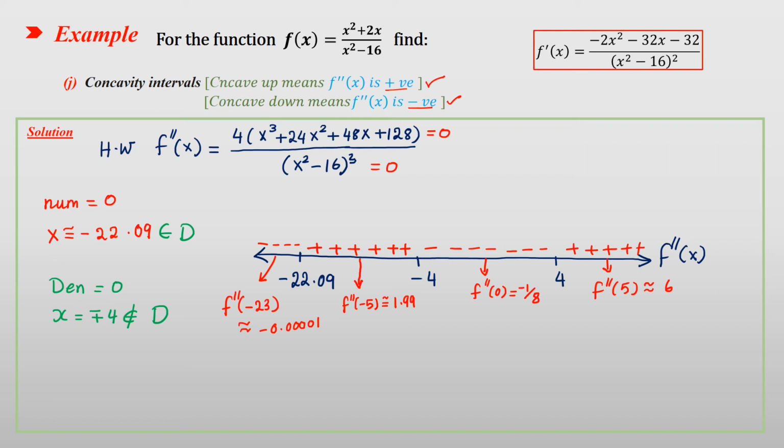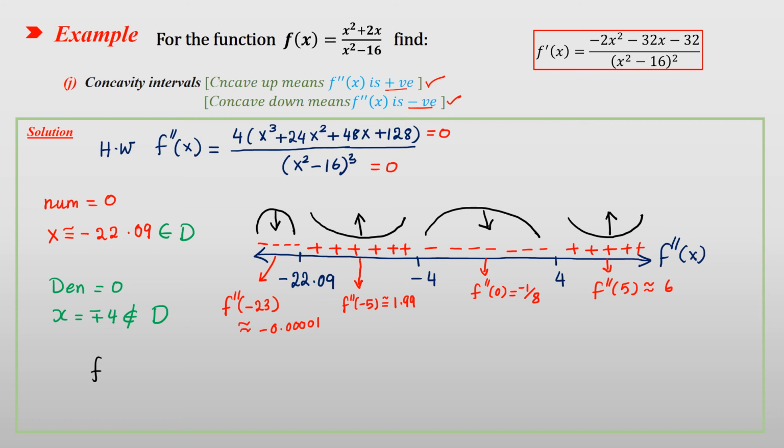So in the first interval here it will be concave down, and here concave up, here concave down because it's negative, and here concave up.